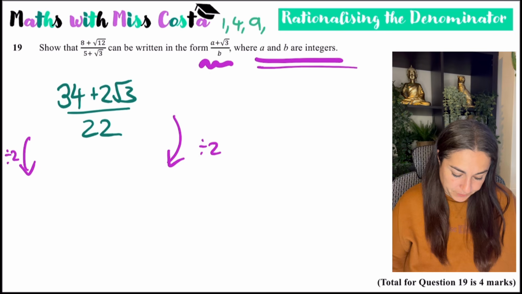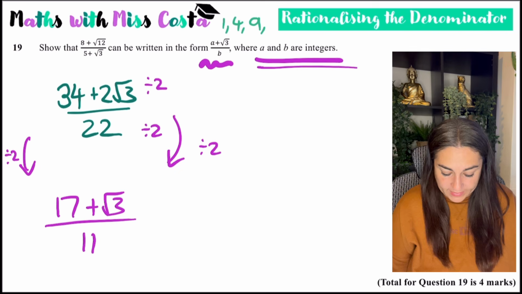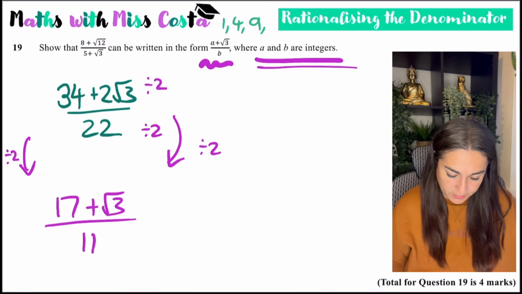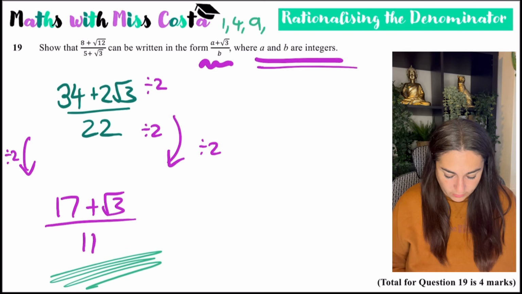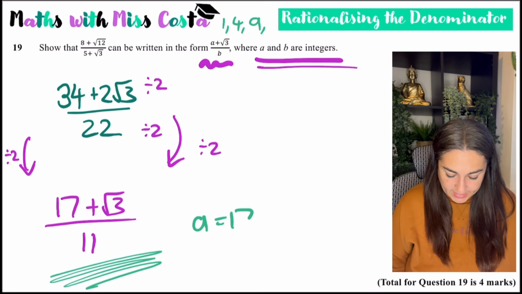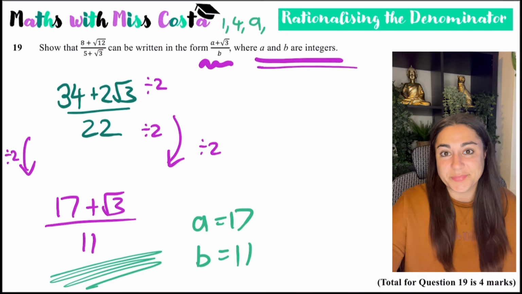So 34 divided by 2 is 17 plus root 3 over 11. So we've recognised that 2 can divide into the numerator and the denominator, so I'm still keeping it in the correct proportion. And that is how we would show that. So a is 17 and b is 11. So hopefully that made sense.